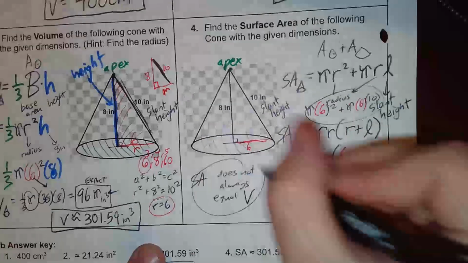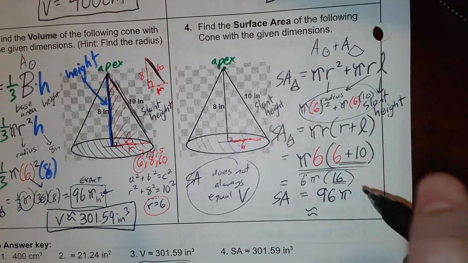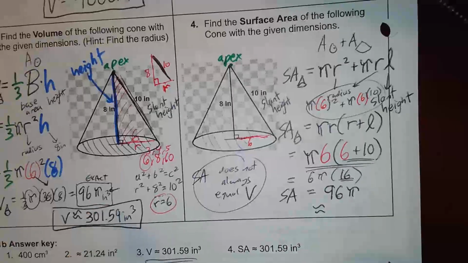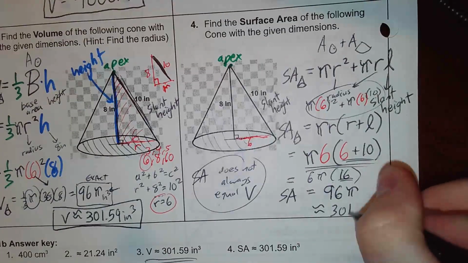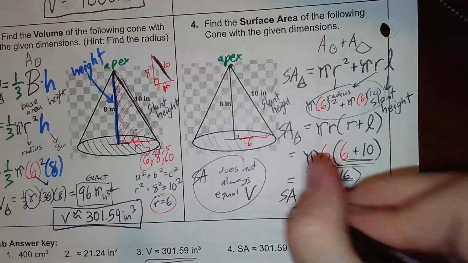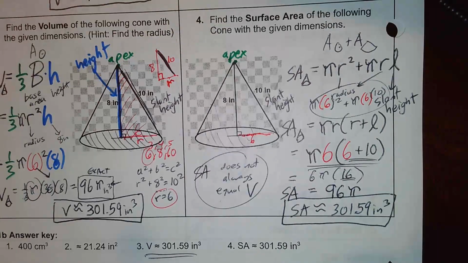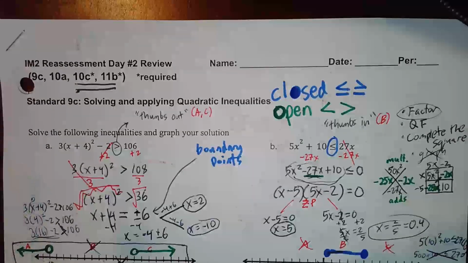It's a very rare case, but in this case, 96 times pi. The answer is approximately 301.5928. Happens to be the surface area and also the volume. So that wraps up standard 11B, finishing the review for reassessment day number 2.